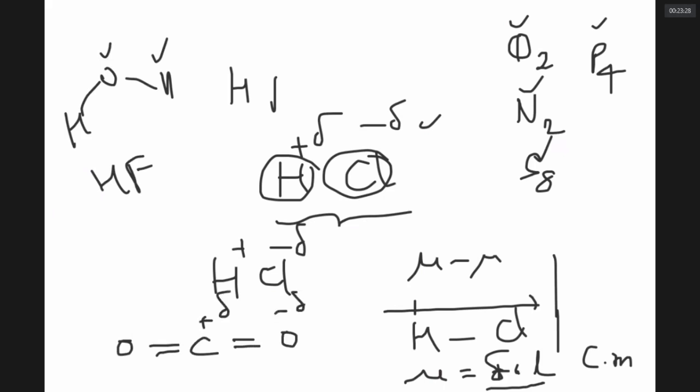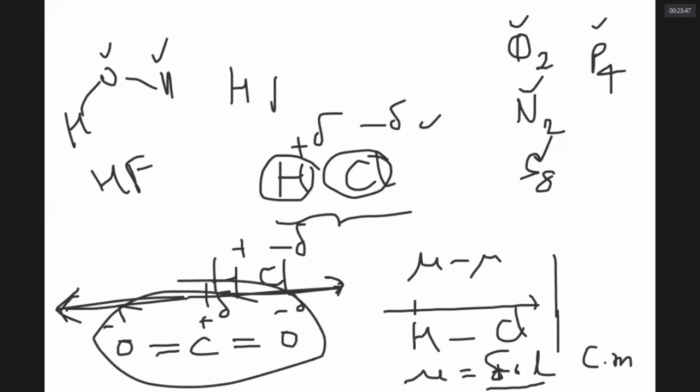No doubt. But the net dipole moment is zero as bond moments are cancelling each other. Because this is a vector, equal vectors operating in opposite directions linearly. So the vector sum in this case is zero, the net dipole moment is zero, though the bond moment is the same.